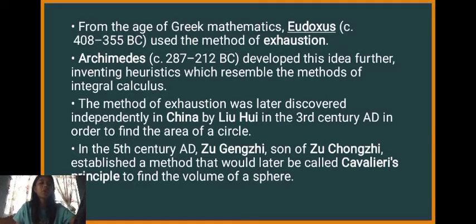In the 5th century AD, Zu Gengzhi, son of Zu Chongzhi, established a method that would later be called Cavalieri's principle to find the volume of a sphere.